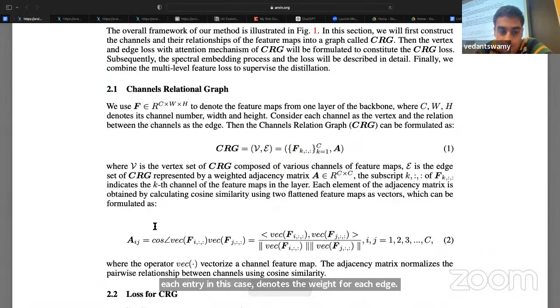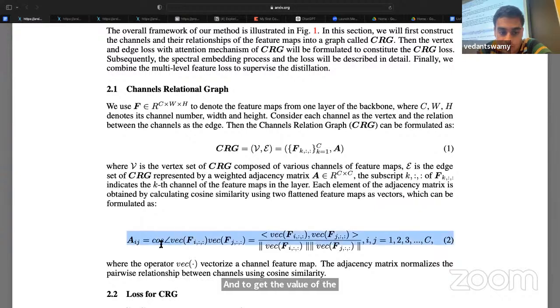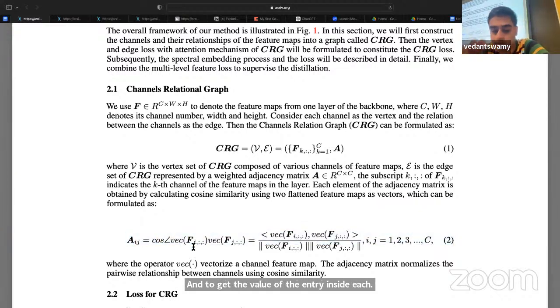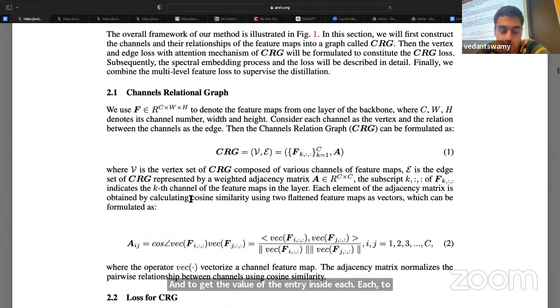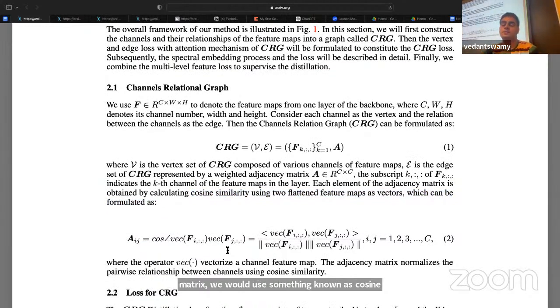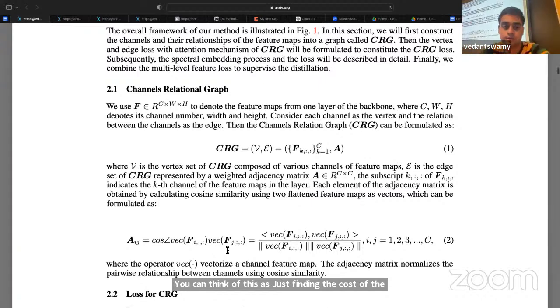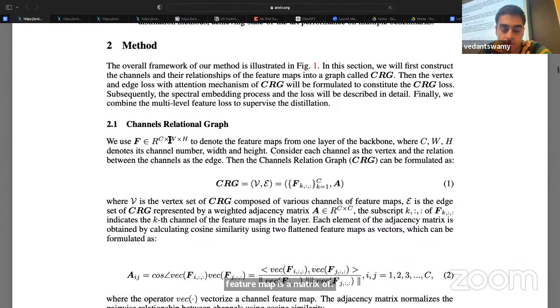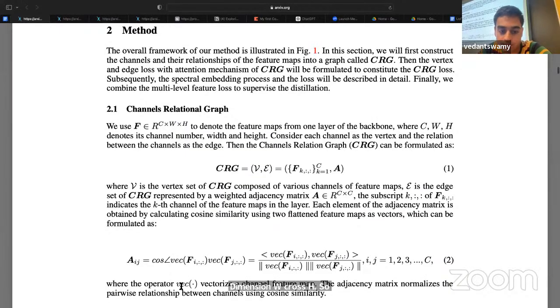To get the value of the entry in the adjacency matrix, we would use something known as cosine similarity. You can think of this as just finding the cosine of the angle between two feature maps. However, in this case, each feature map is a matrix of dimension W cross H. So first, we need to vectorize each feature map.